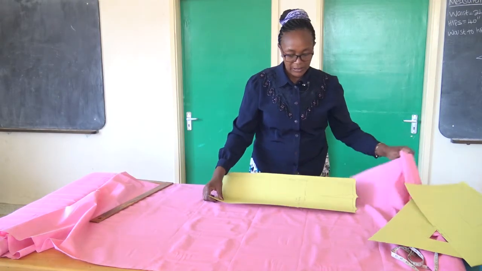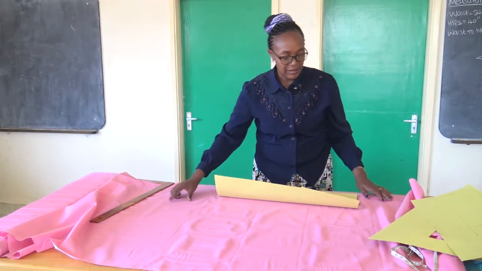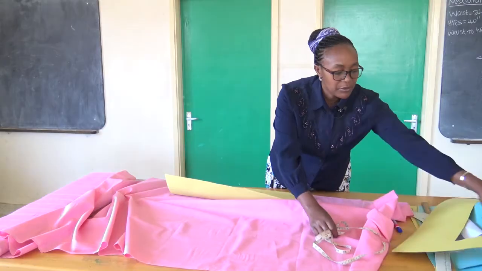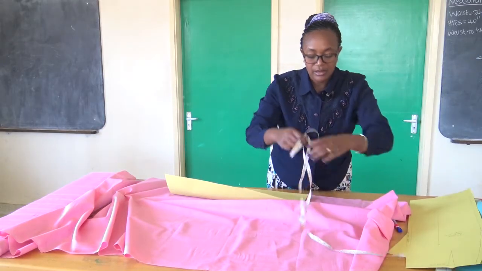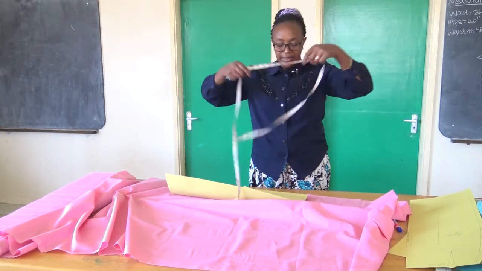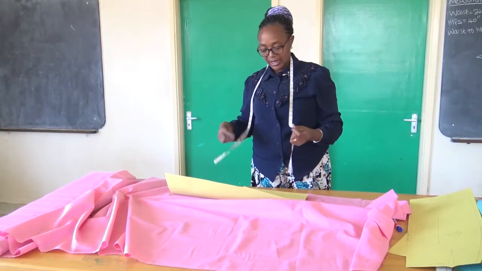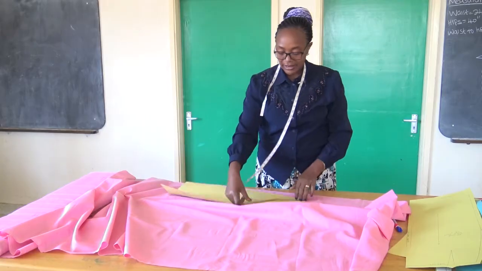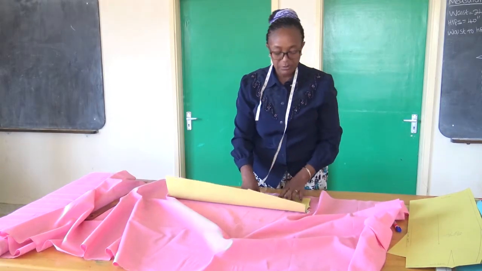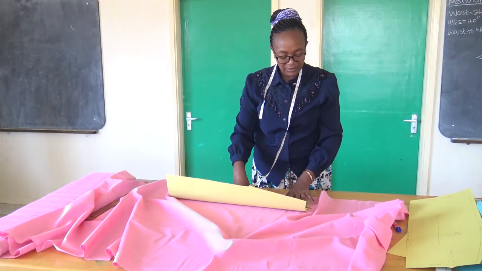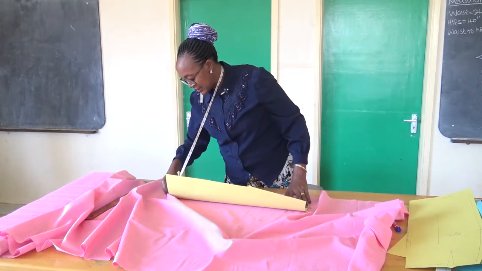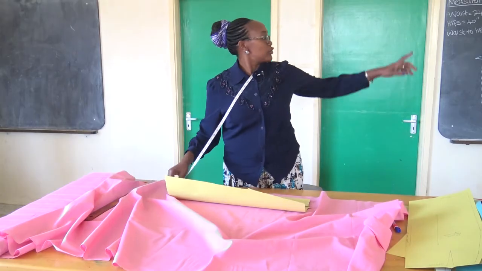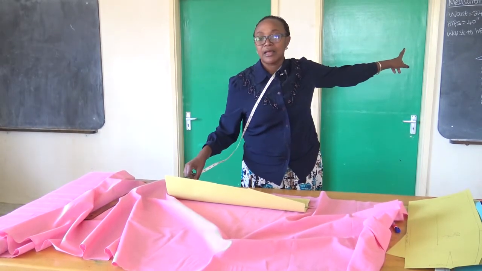For this, I need to establish the meterage, the amount of fabric I need to use for this specific skirt. And for me to establish that, I will get the final length of my skirt from the pattern so that we don't misuse fabric. So I will measure the pattern, and I will realize that the skirt we were doing was 26 inches.